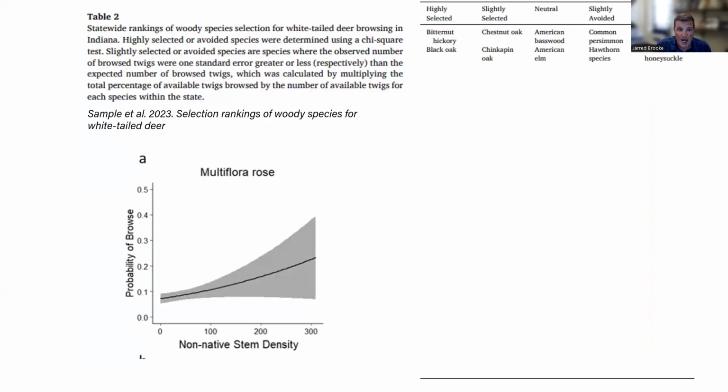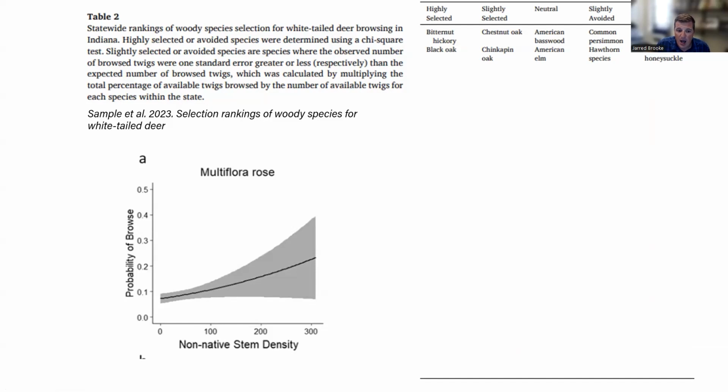So one important thing to mention from the results is that if you look at how probable it is that a deer will browse multiflora rose, what you find is that deer are more likely to browse multiflora rose as the non-native stem density increases.